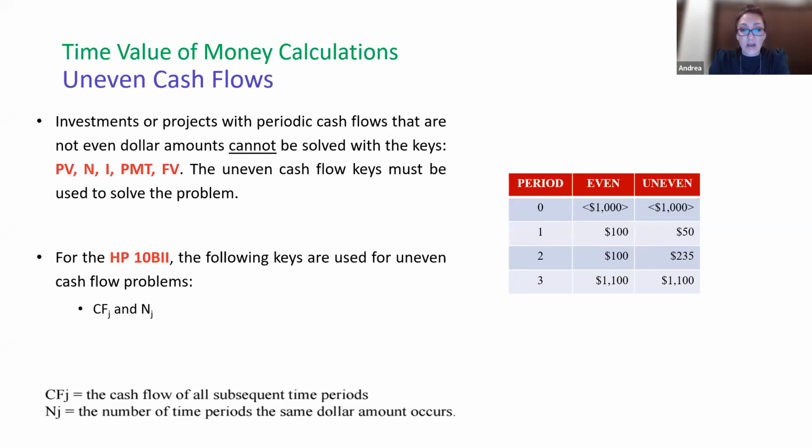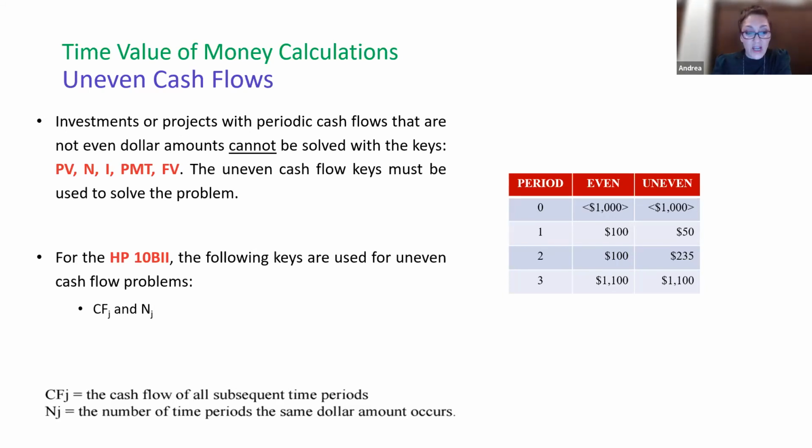On your 10B2, remember I showed you at the beginning of the class the keys that you're going to be using for uneven cash flow, which are CFJ and NJ. Again, that button is on the third row from the top, the center button in that row, CFJ and NJ.